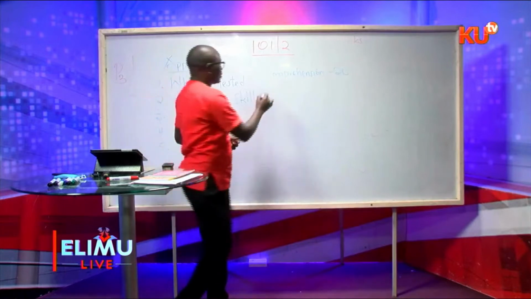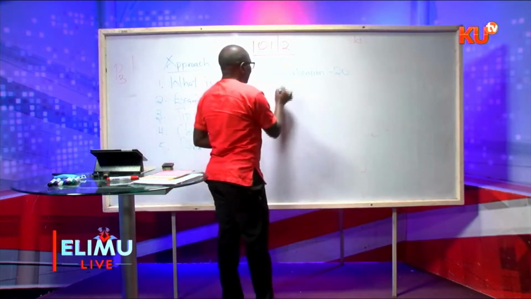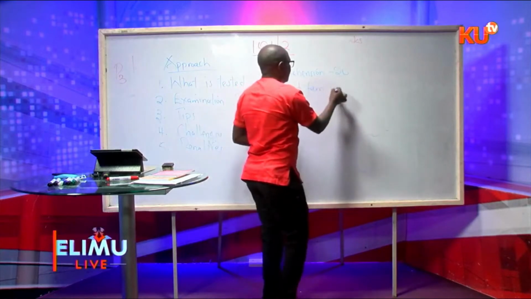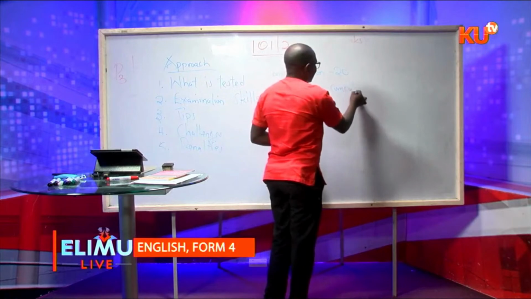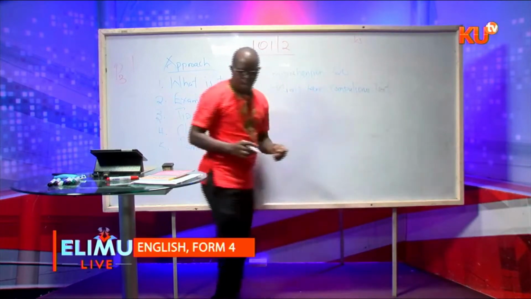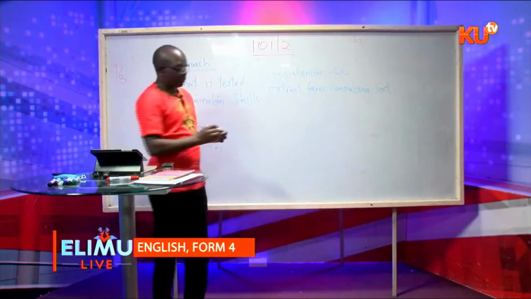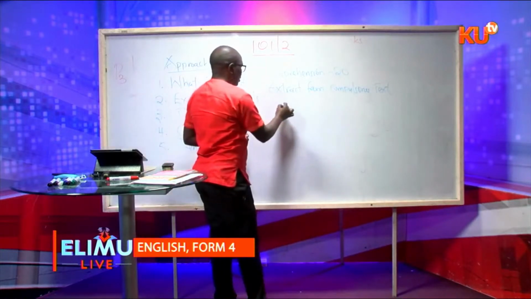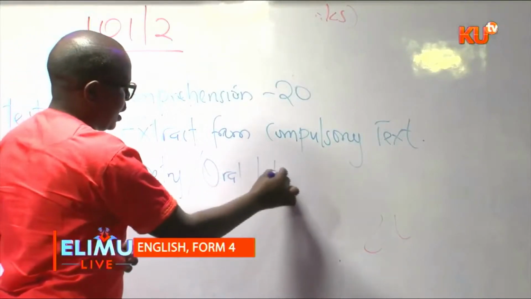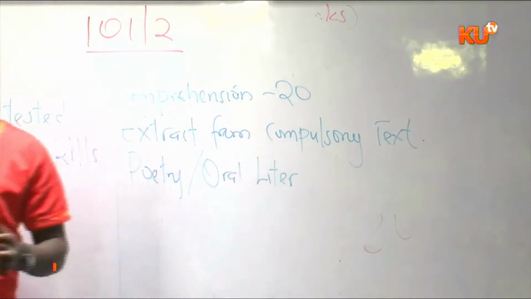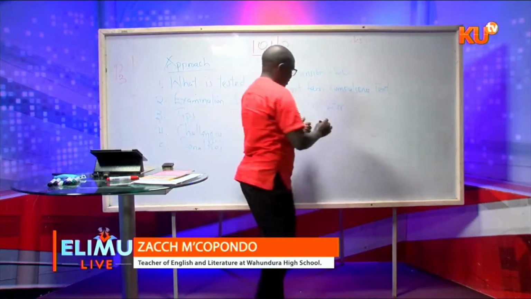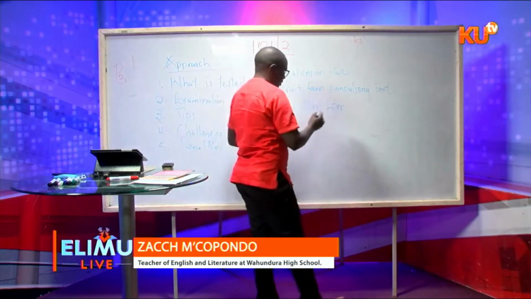Number 2, an extract from a compulsory text. Then question 3 is poetry or oral literature, and in this category I'm going to give us the different poetry or oral literature that has been tested since we started testing this paper in 2006.